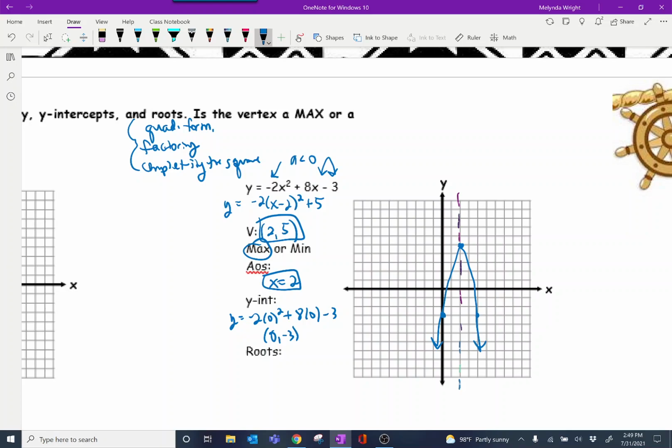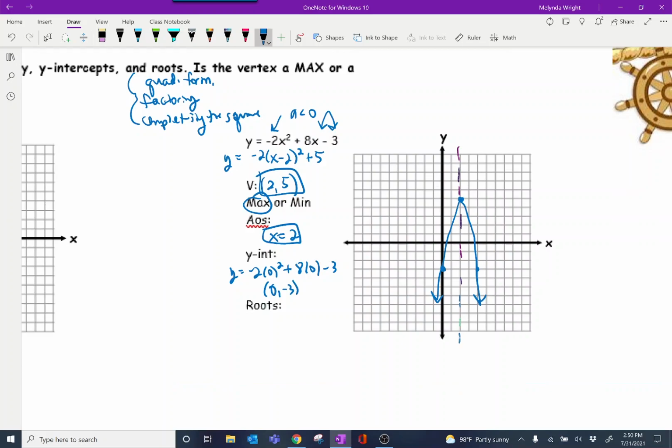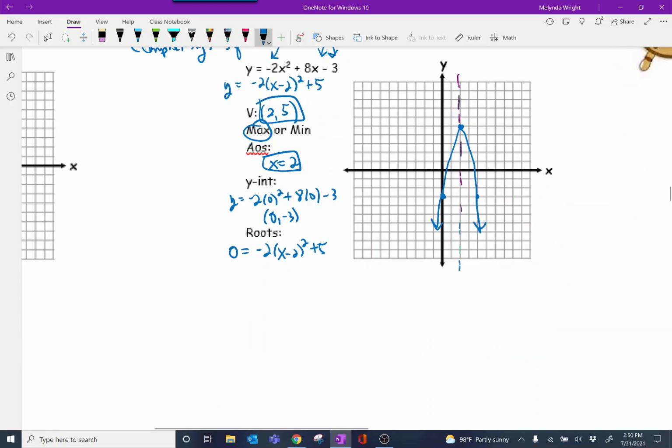So what I'm going to do is, since I already have completed the square, I already have that form, I'm going to plug in a 0 for the y in my formula. Okay, and then I'm going to solve.